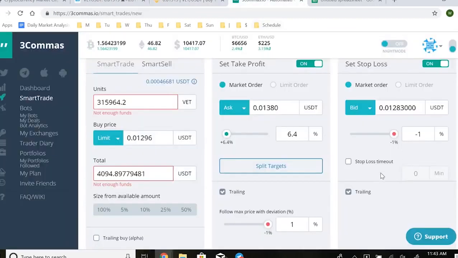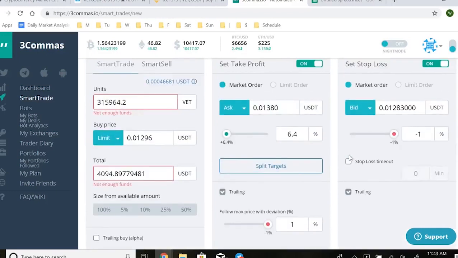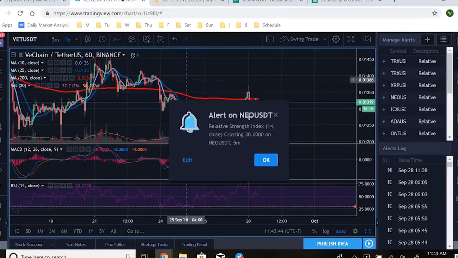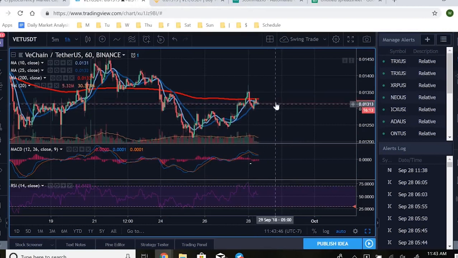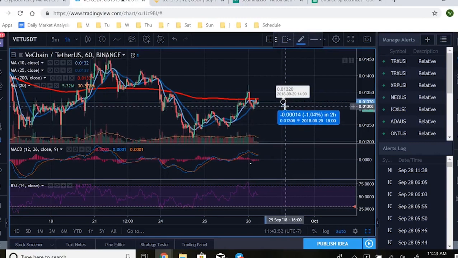So I have that set, and then I'm actually going to select trailing stop loss. This is something you cannot do with Binance, but is really needed, honestly. 3Commas does a great thing, allows you to do a trailing stop loss, which is basically going to be this, right? So if you buy in at 1315, let's say, and your stop loss is at 1%, so let's just say 1320, your stop loss is at 1306.